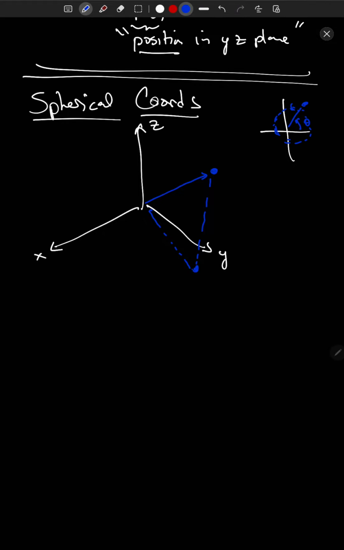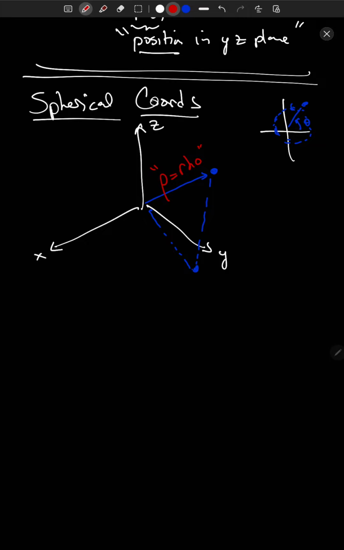Okay, so when you extend that idea, kind of stated that way, to spherical coordinates, then one thing you can say is, okay, I want my new coordinate system to describe how far I am from the origin, right? So we're going to use rho for that. All right, so the Greek letter rho.